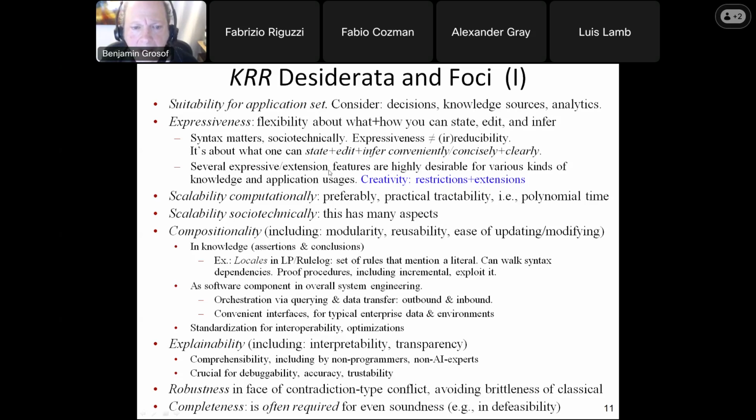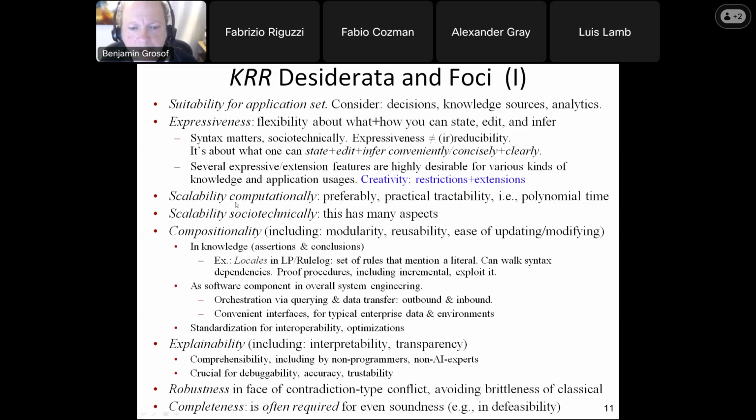And there are a number of expressive or extension features that are highly desirable for various kinds of knowledge and application usages. The creativity in the field of KRR is to combine suitable restrictions and extensions in such a way that you're able to get a good combination of characteristics overall, including not only the expressiveness, but some of the other considerations that I'm about to describe.